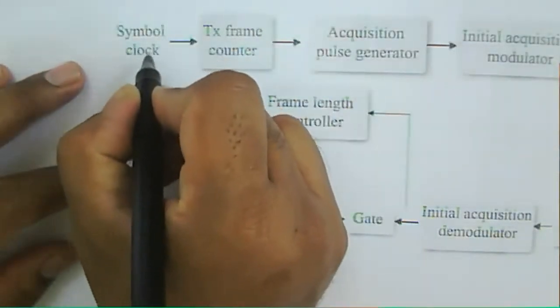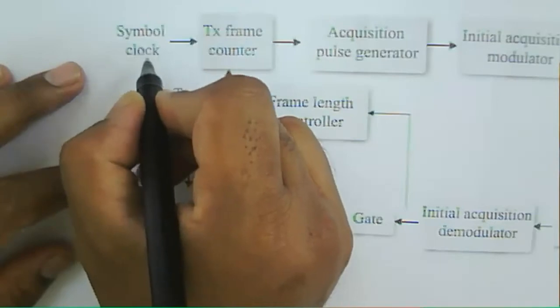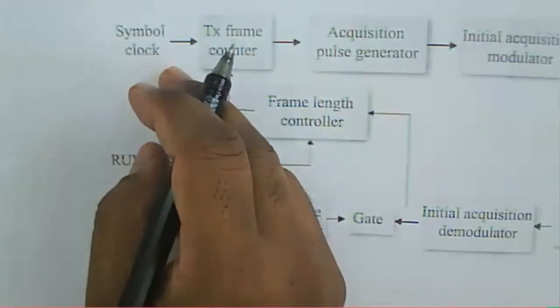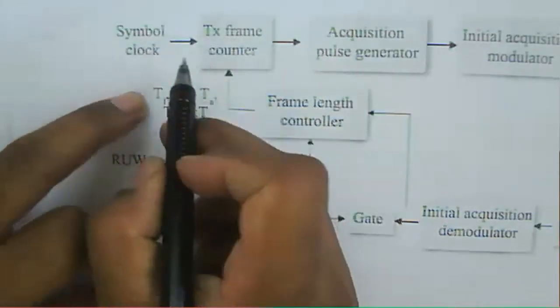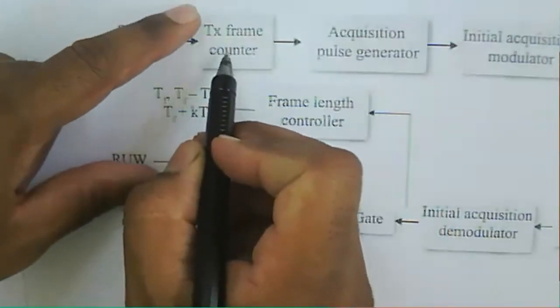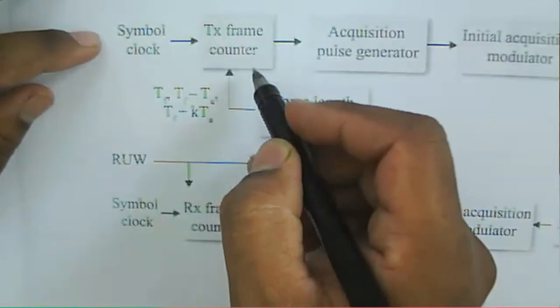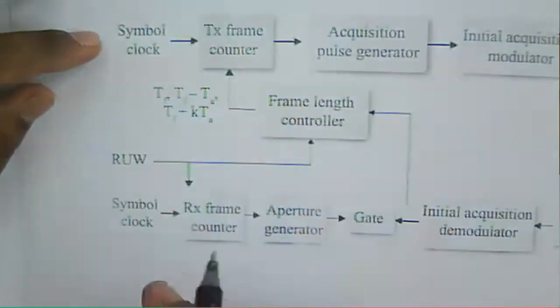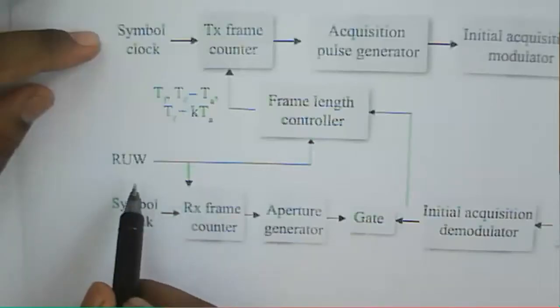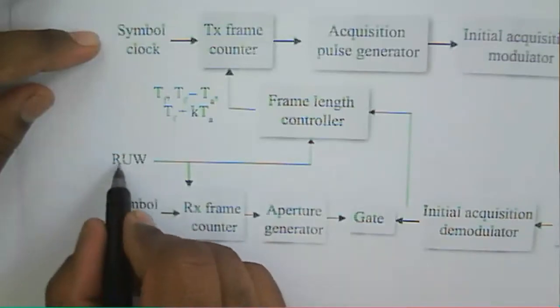And this one is the symbol clock. So we have the symbol clock, and then a frame counter is generated, and the received frame counter will be synchronized to the RUW pulse.